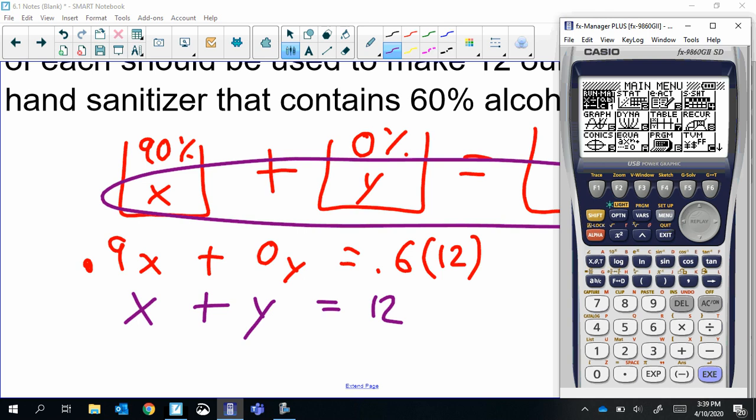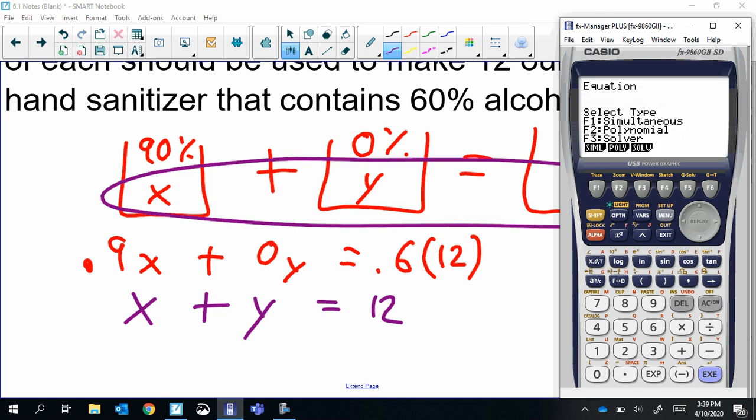So let's go to our solving. It also has a 0 in it, so it'll be easy to do by hand. But let's go to equation. Simultaneous, two variables. The coefficients are 0.9 and 0, and then 0.6 times 12. And then our second one is 1, 1, and 12.